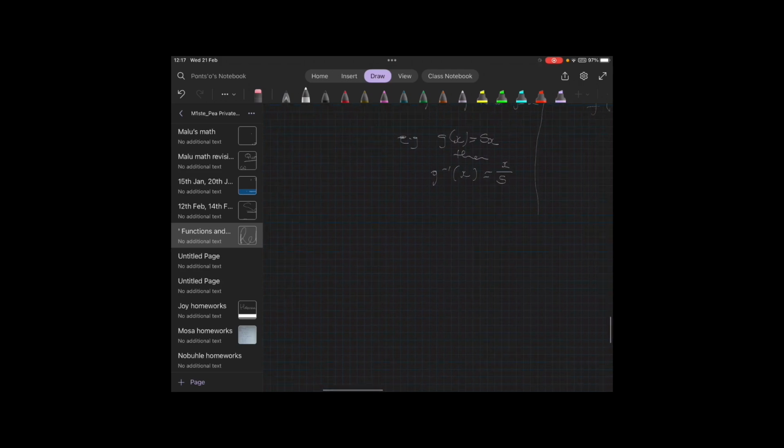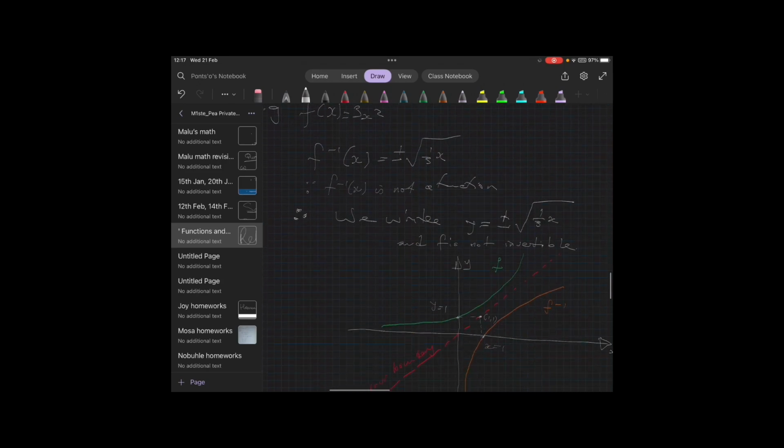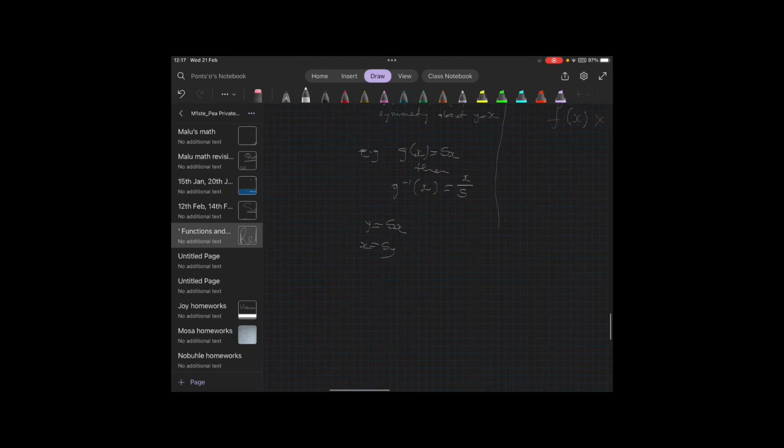So if g of x is 5x, y equals 5x, then we start by interchanging the 2. So x equals 5y, right? And then after we do that, we have to return them back to y, yeah. So 1.